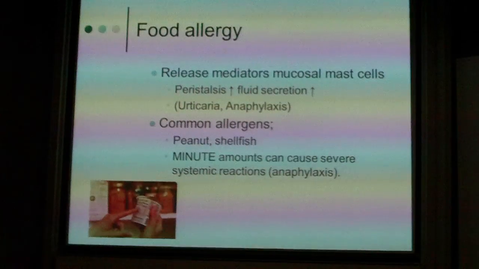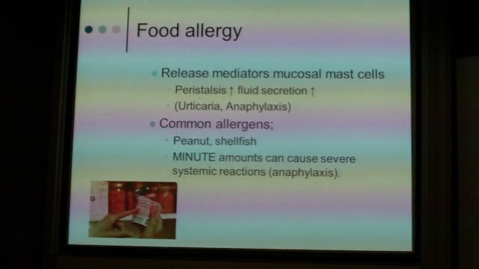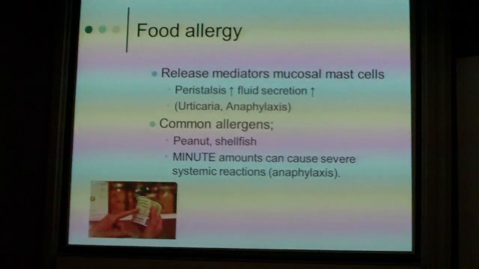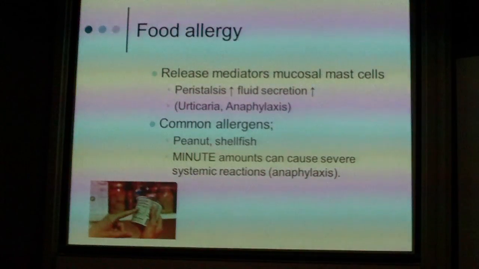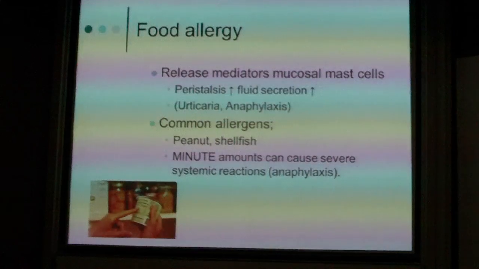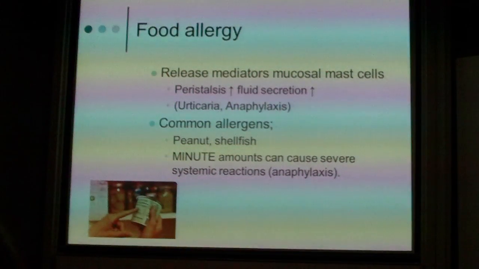What about food allergy? Well, that's a very important one because food allergy is very various in symptoms. Peanuts are very dangerous. There is something in peanuts which triggers a very rapid and very high allergic response. But it's, of course, also based on the same mechanisms discussed before. You have release of mediators from mucosal mast cells.